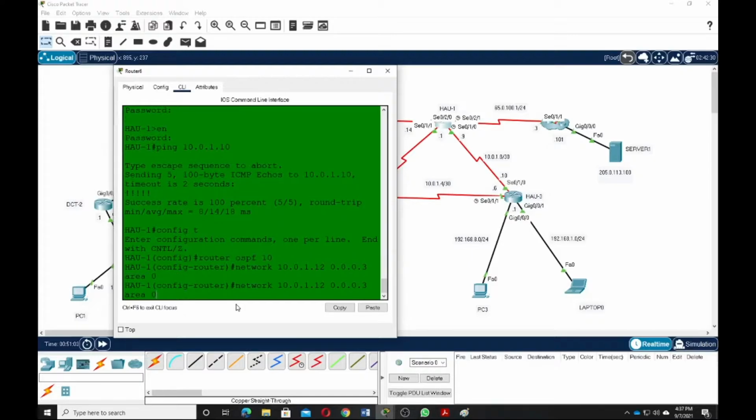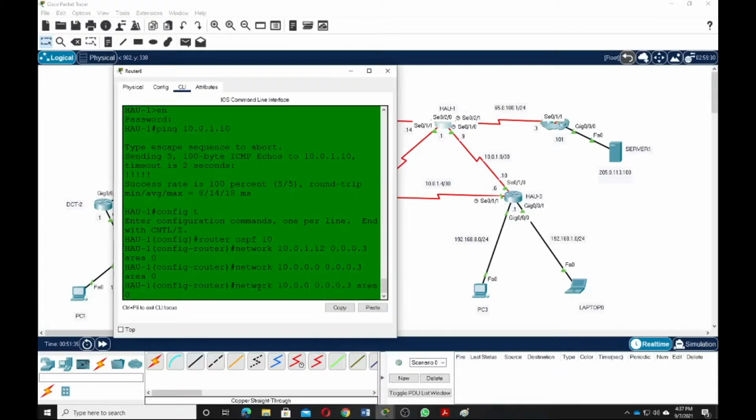And then another network. All the networks that are connected to the router HAU should be entered. We also have the next network with the same area 0, and this is .3 also because it is 255 minus 252. And then we have the network 1.8, the same /30, so .3.